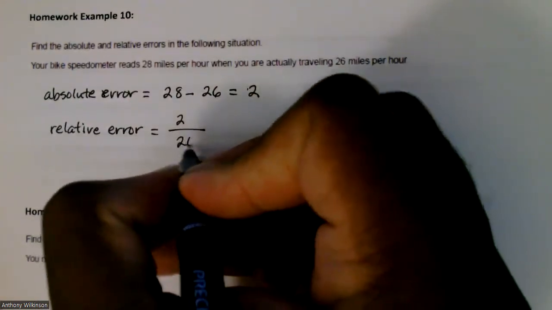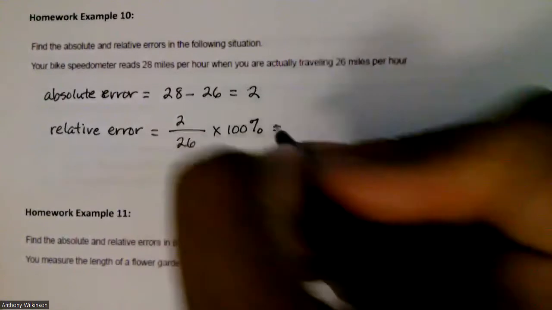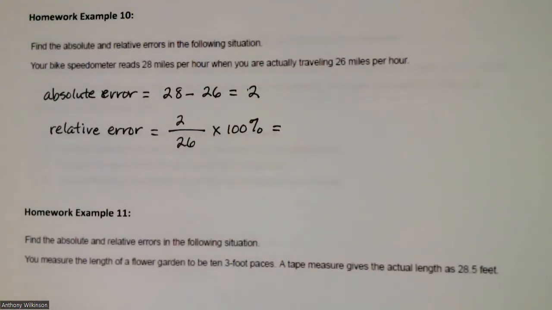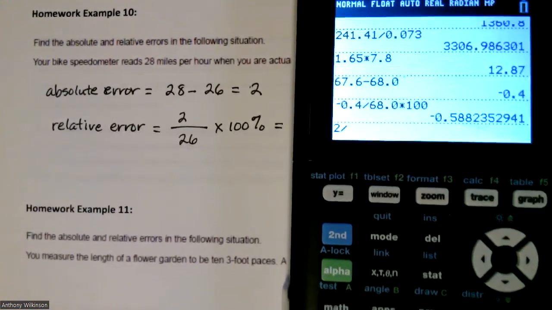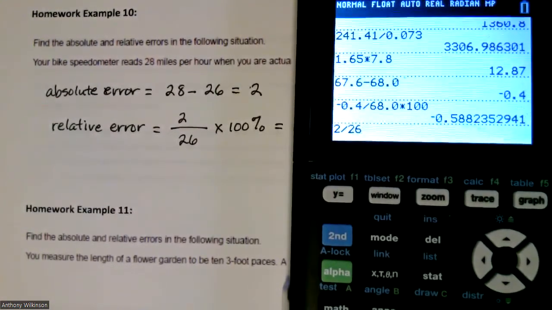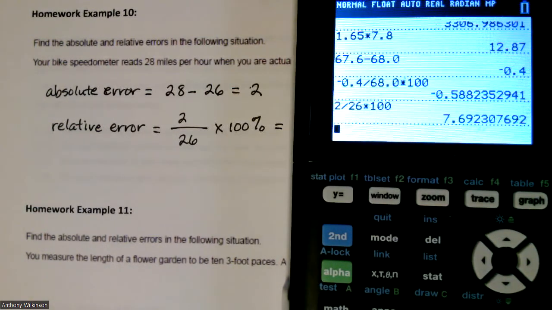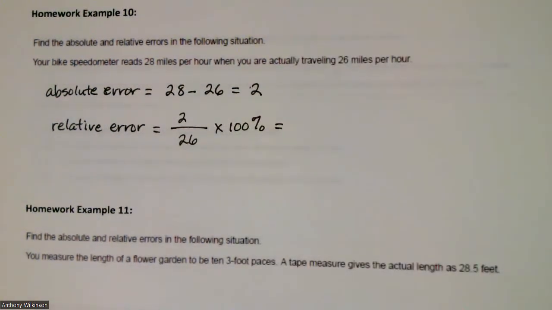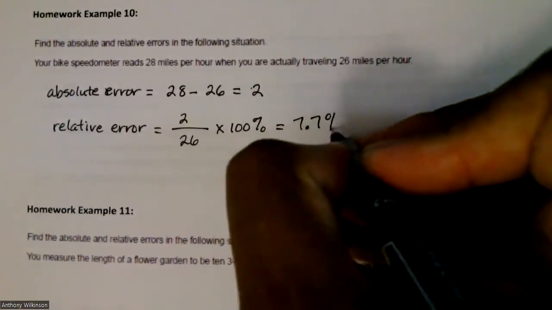So it'll be 2 divided by 26 times 100%. To one decimal place, it'll be 7.7%. So the relative error there will be 7.7%.